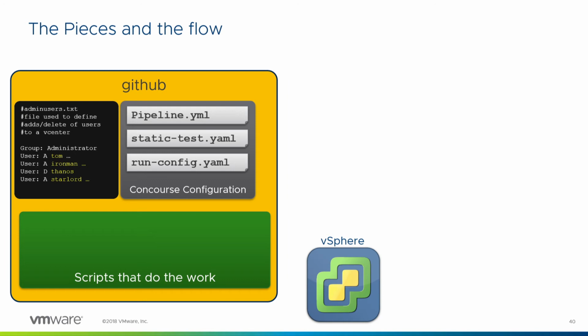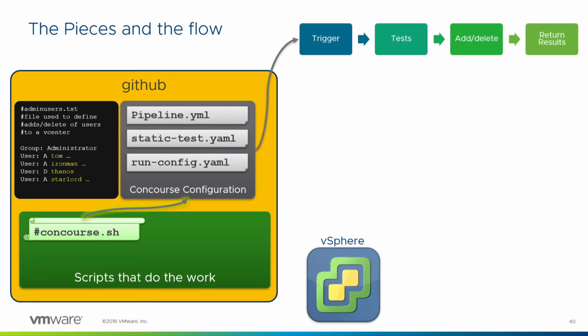And then static test, which is kind of doing the UAT type activity, and then runconfig.yaml, which is actually doing the configuration. So Concourse is defined in these YAML files, and you can issue a CLI command to define the YAML and how Concourse is configured. But instead, we did the right thing. We created a script to do that, right?